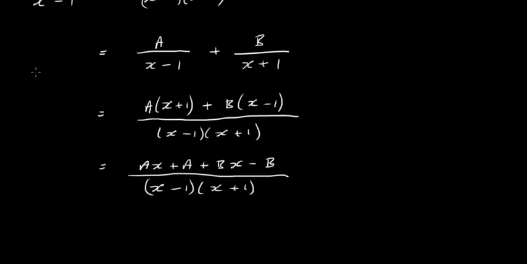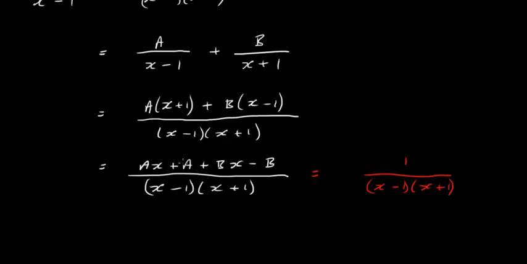Okay, so this is my fraction. I don't know what a and b are, however I know that this should equal 1 over x minus 1 times x plus 1.